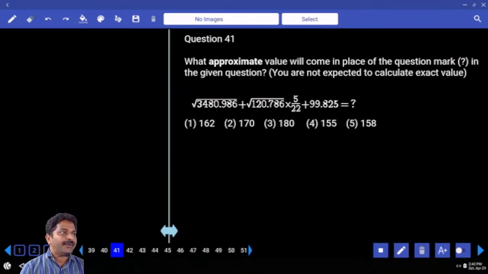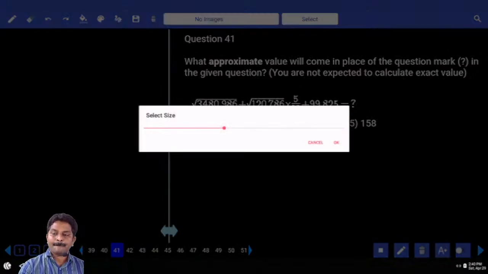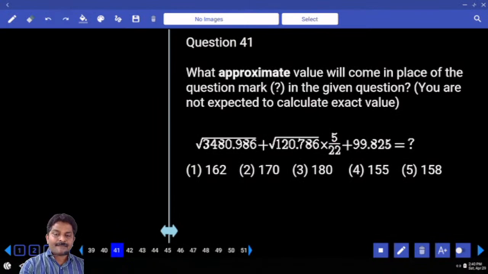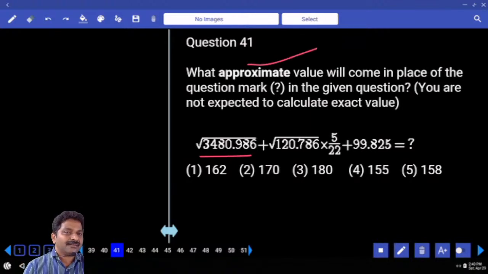Shall we start? Right. 3480 approximate. Are these approximations or not? What is 60 squared? 3600. Our number is less than 3600 only, and we have a very small difference, right?